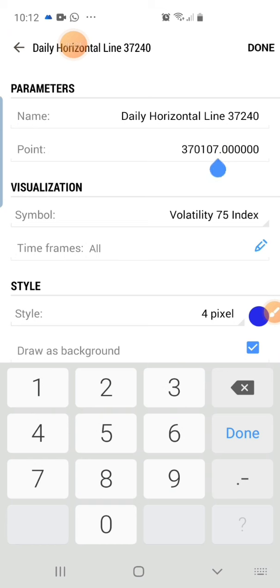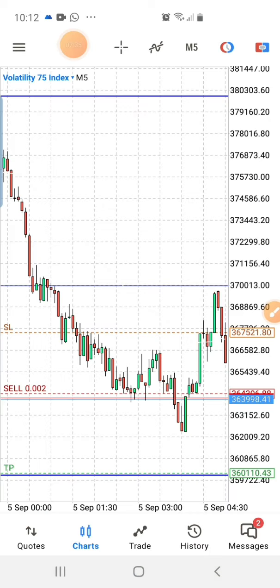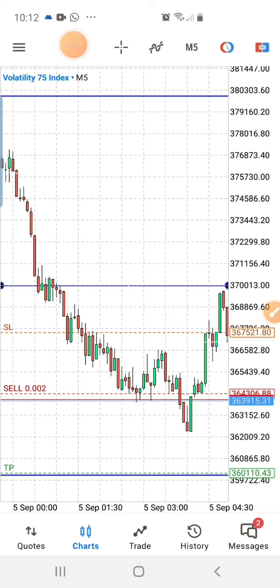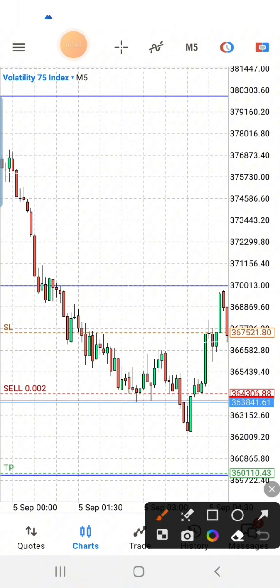This should be 1000. Let me confirm. I don't want to change the line. Okay, so if this is the psychological level you see on 1 hour, then the price pushes up.